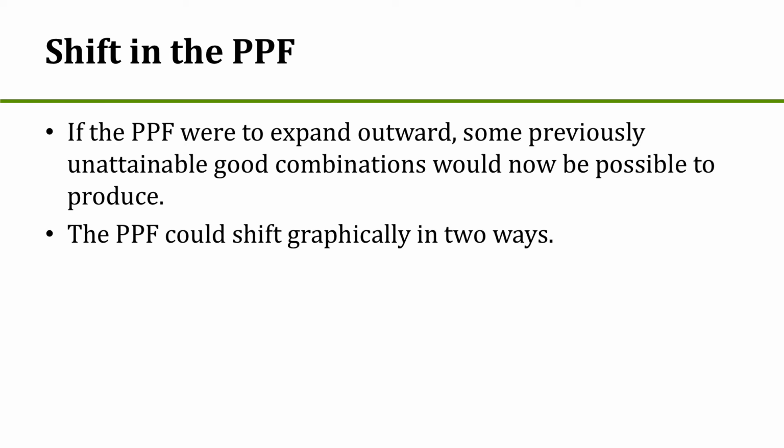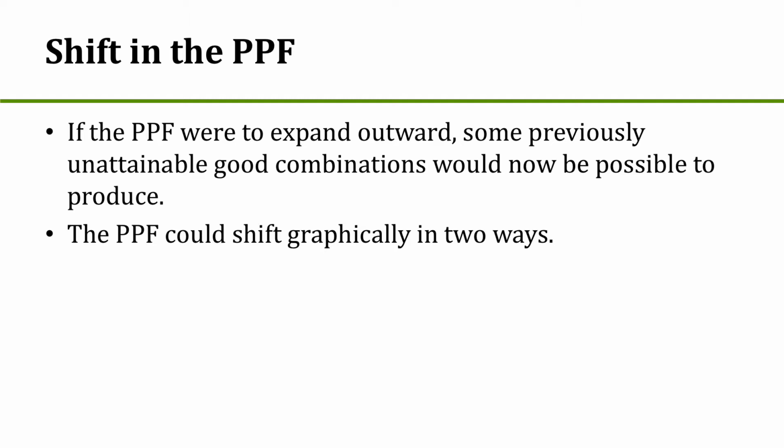We know what the PPF is from the previous week. So if the PPF were to expand outward, some previously unattainable good combinations would now be possible to produce. We know that the PPF shows us the maximum amount of goods that we can produce, and it gives us several combinations of these goods. But sometimes we can change our assumptions. Remember the assumptions of the PPF model.